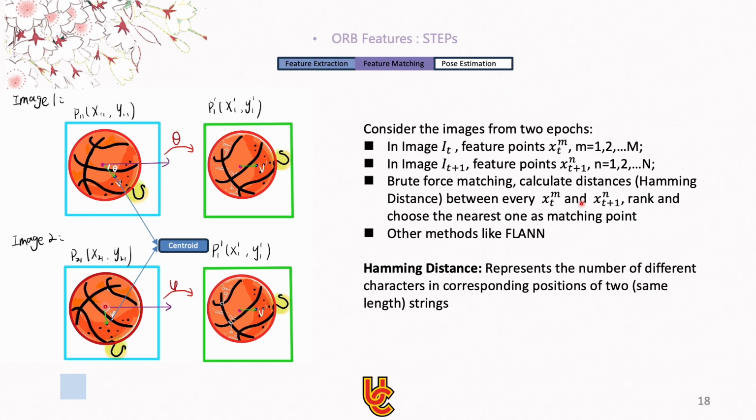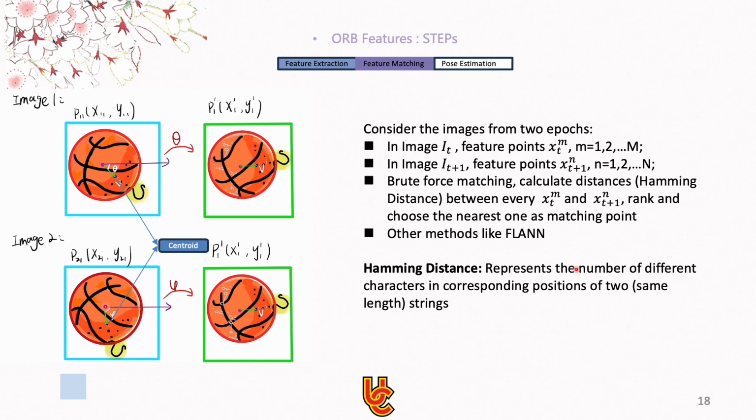Here we normally use brute force matching, to calculate the distance, not the normal distance, the Hamming distance between every x_t^m and x_(t+1)^n. Because every feature point has its own BRIEF descriptor like 0, 1, 0, 1, we rank them and choose the nearest one as the matching point.